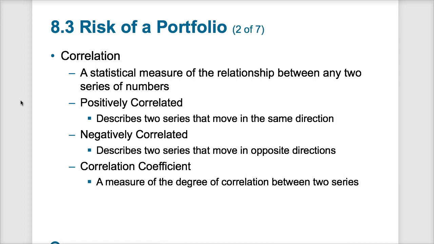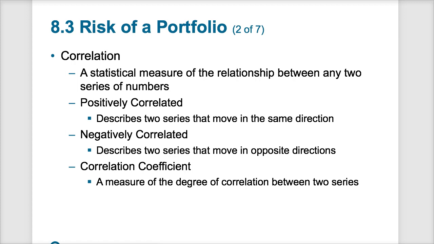Let's talk about correlation. Correlation is a statistical measure of the relationship between two assets or a series of numbers. So we have positively correlated, which, think of two people who are handcuffed. So wherever one person is, the other person is. Negatively correlated would be two people on the opposite ends of the Earth.